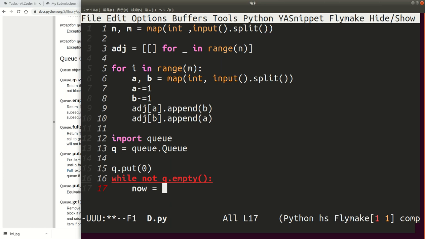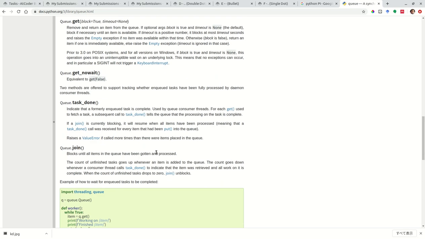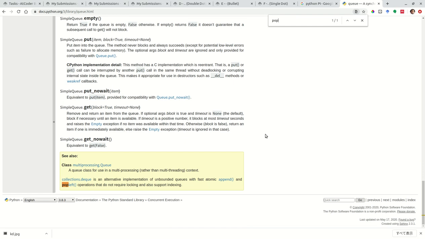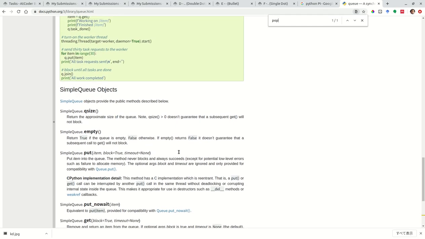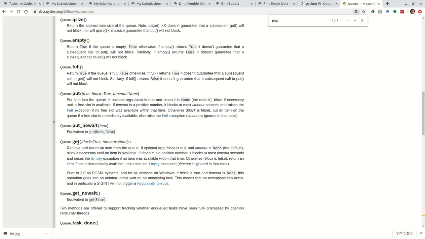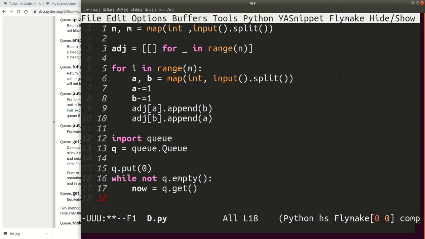Now get the front of it. Can I pop it? How to pop? Just get means to pop, remove, and return. Okay, so it removes the last one.